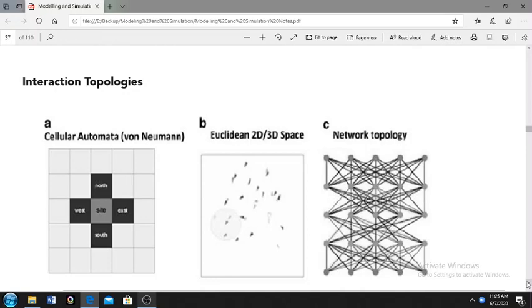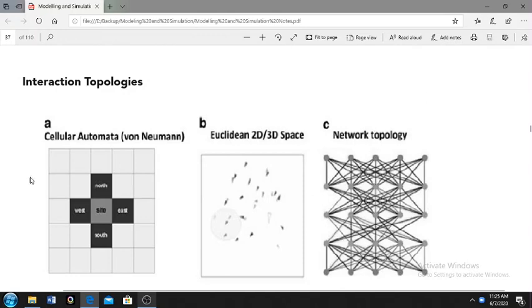Now, interaction topology. They can interact like cellular automata. You have cells, and they interact, so they move north, west, east, south. They can have a space where they can move in two dimensions, or they can be a web like this, a network topology.